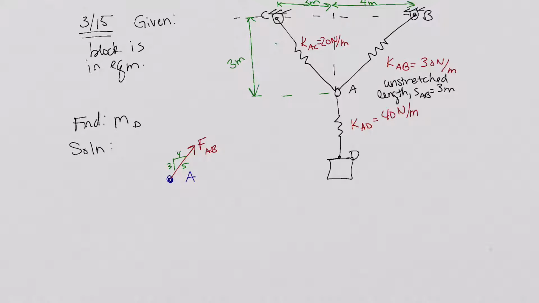Then we have the force of AC. And with that, this is an equilateral, so 3, 3 are the two lengths there.